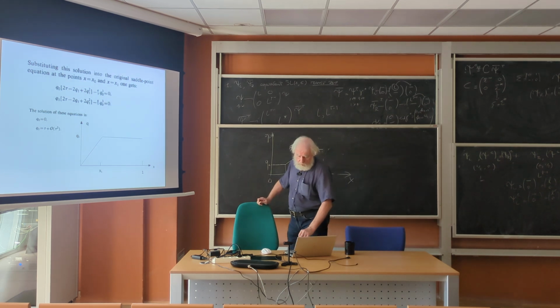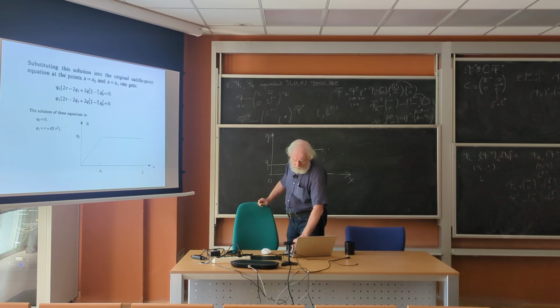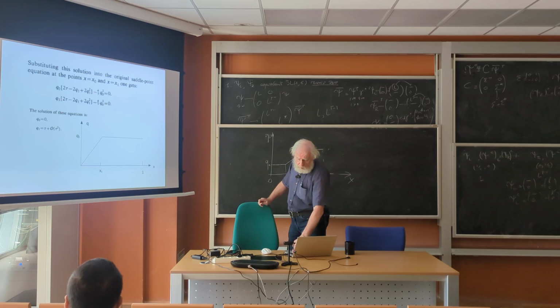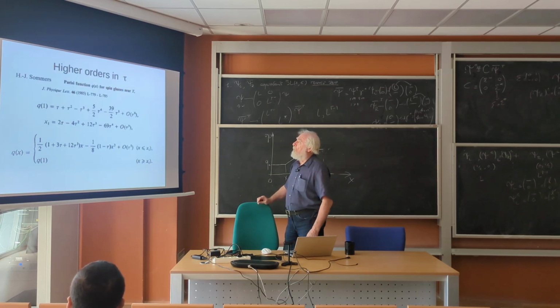Now, what happens in higher order? This solution is valid in lowest order in T minus Tc. It can be extended to higher orders. For example, in this paper of Zomers, it was found up to tau to the 5th power in T minus Tc.